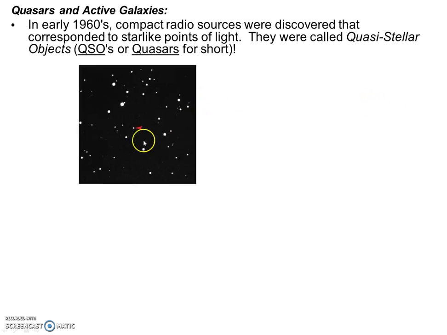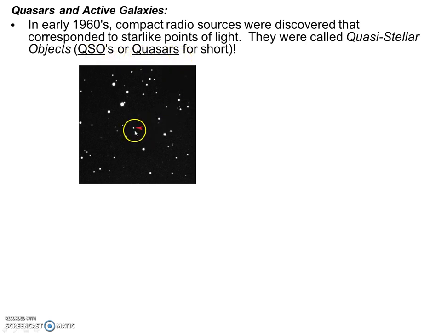And because they looked like faint blue stars, they called these objects quasi-stellar objects, meaning they looked like stars, but they weren't stars. So stellar meaning like stars, quasi meaning sort of like stars. QSOs for short, or quasars as an abbreviation.